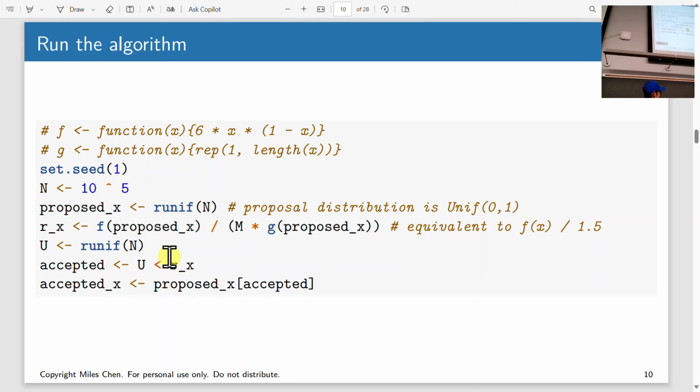Then we generate a random value of u. If the random value of u is less than 0.8, then we will keep it. But if I generate a random value of u that's between here and here, then it gets rejected. So every time I generate, say, 0.3, I'm only going to accept it with the probability of this ratio, 1.26 divided by 1.5. I think it's 0.84, is that right? I don't know. Someone do the math here for me.